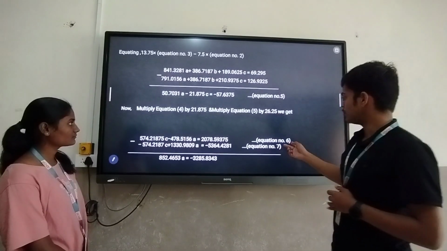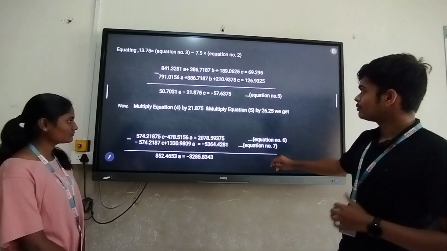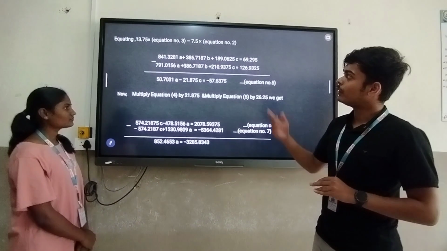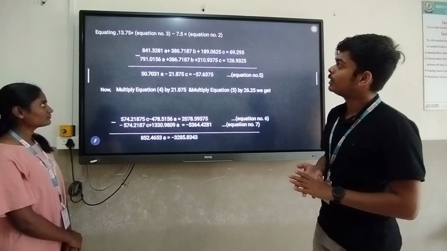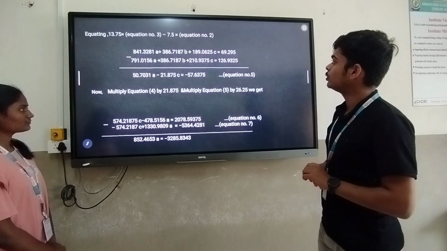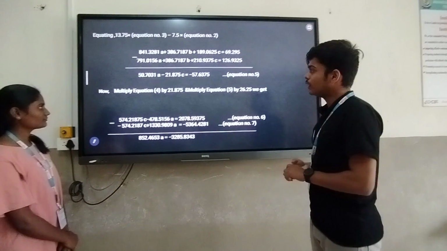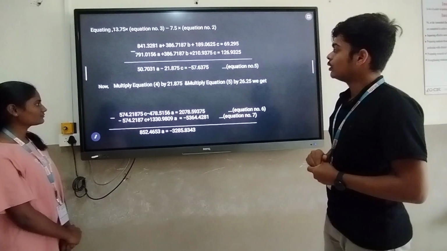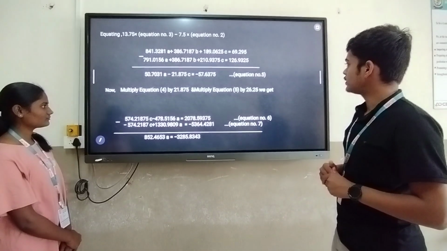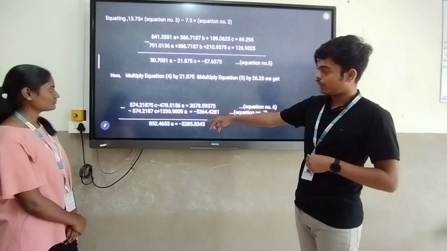We get equations number 6 and 7 in terms of A. Similarly, equating equation 3 and 2 by multiplying equation 3 by 13.75 and subtracting 7.5 times equation number 2, we get equation number 5, also in terms of A and C. Then multiplying equation 4 by 21.875 and equation 5 by 26.25, we get equation number 8 in terms of only A.